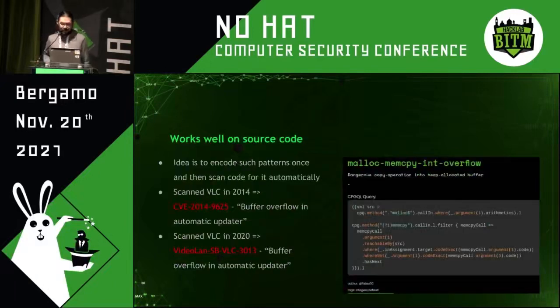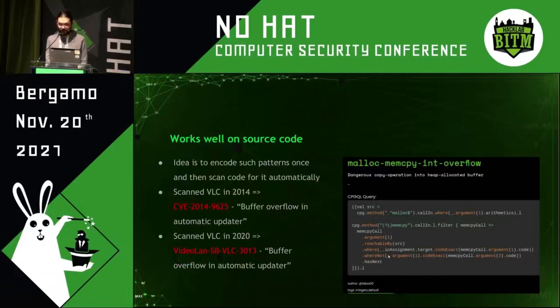All right, so it works pretty well on source code. We've seen that in the past, so here's one of those typical queries. Here we look for an allocation, and inside that allocation, we perform arithmetic. Then we look for a memcopy, and we check that that allocated buffer actually goes into the first argument of that memcopy.